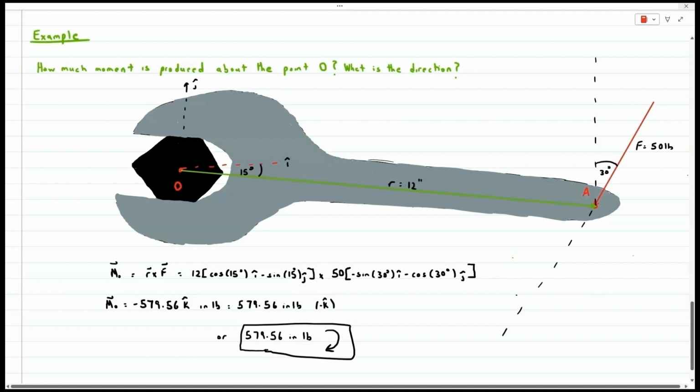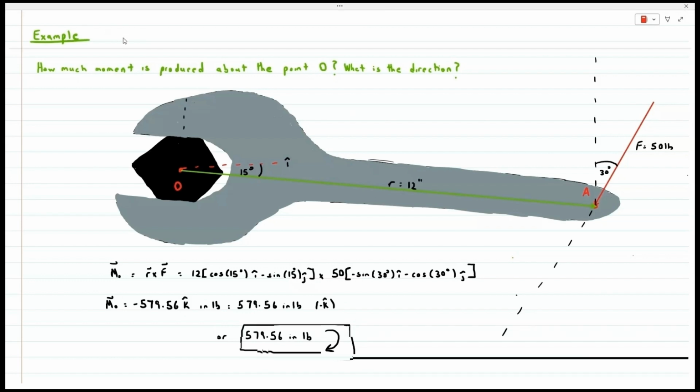Let's go ahead and use a second method to get this solution. What we're going to do is take advantage of the fact that parallel forces do not produce any moments. So we're going to take our force and break it into components which are parallel and perpendicular to the position vector of our choice. Let's choose a coordinate system which is aligned with our position vector, like the following coordinate system shown here.